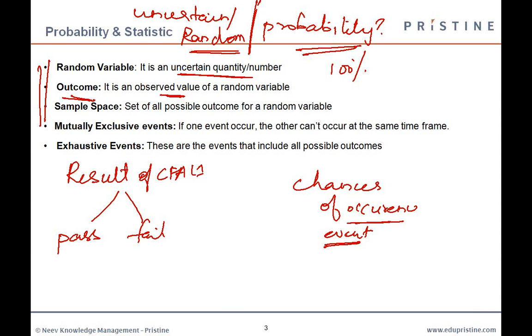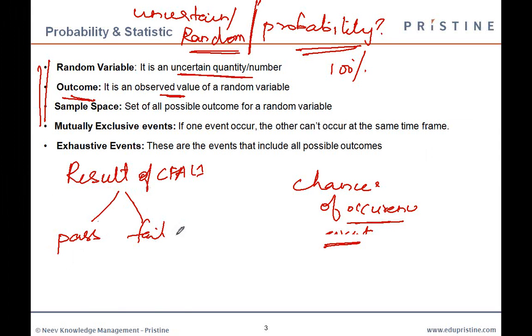Okay. A set of all possible outcomes is called a sample space. That is, in the same example that we are dealing with today, the random event is the result of the CFA Level 1 exam. Passing the exam is one outcome, failing the exam is one outcome.